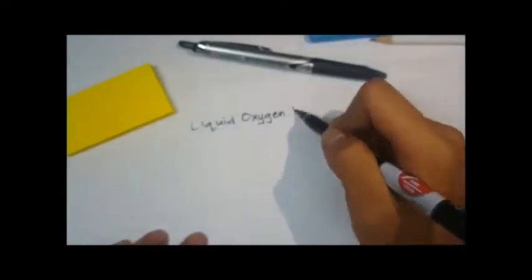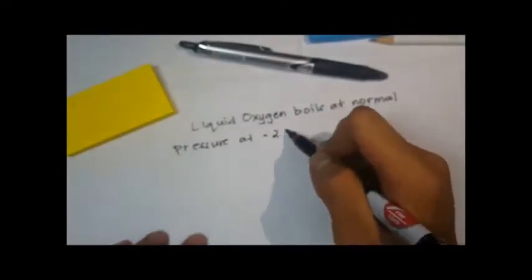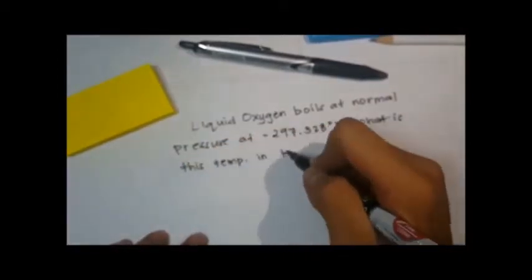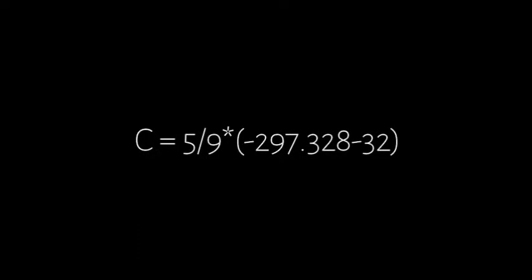Liquid oxygen boils at a normal temperature of negative 297.328 degrees Fahrenheit. What is this temperature in Kelvin? To solve for Kelvin, we must first convert the given Fahrenheit into degrees Celsius. We know that the equation for degrees Celsius is 5 over 9 times the given Fahrenheit minus 32.